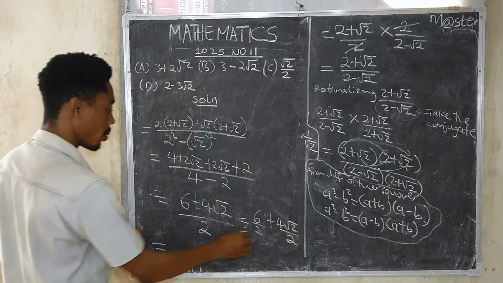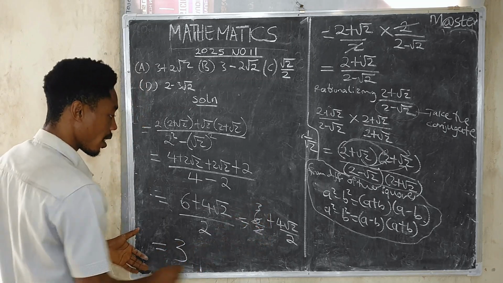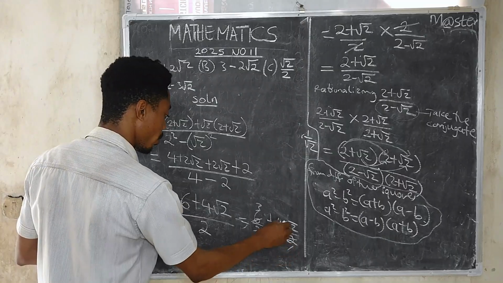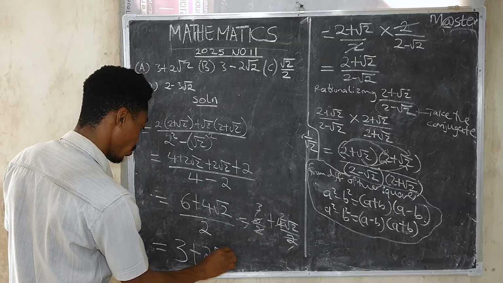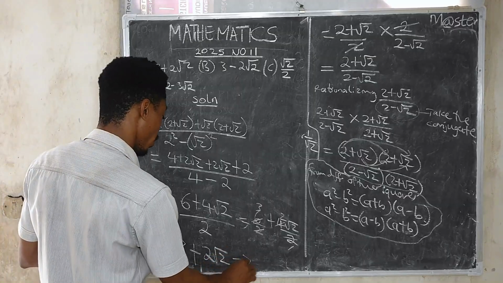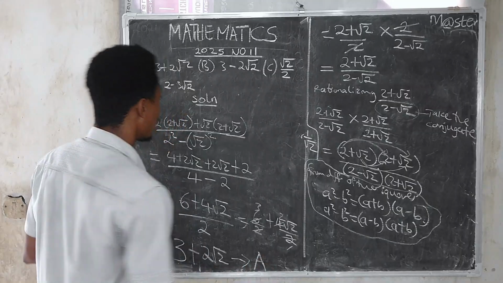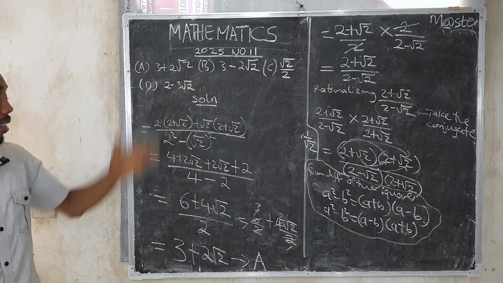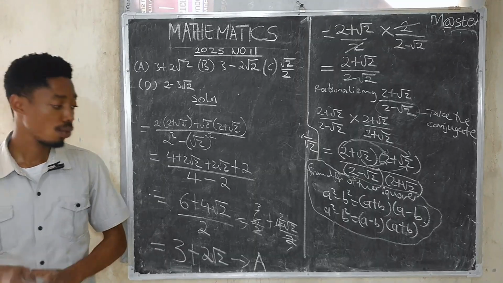So if I proceed from there, 6 over 2 is 3, all right? And 4 root 2 divided by 2 gives me 2 root 2. So the correct answer or option is A. Yes, that is my answer: 3 plus 2 root 2.